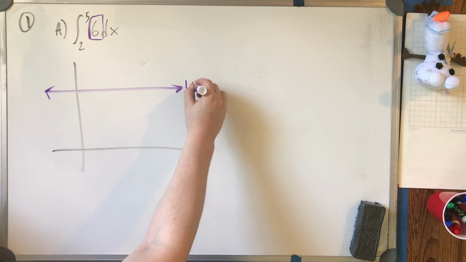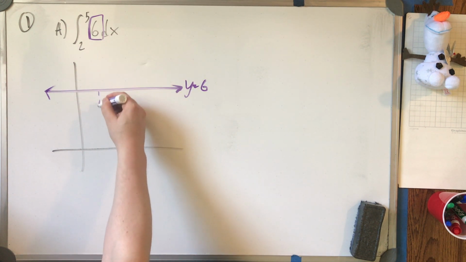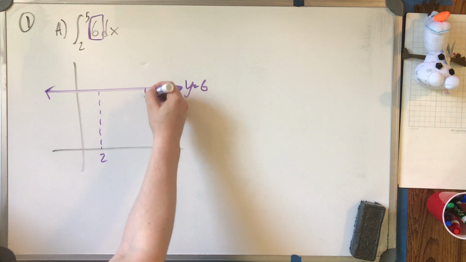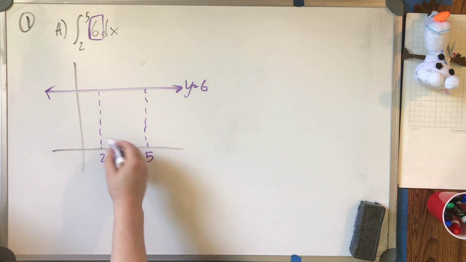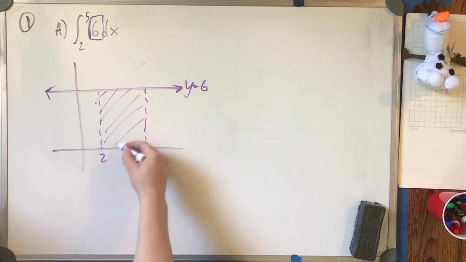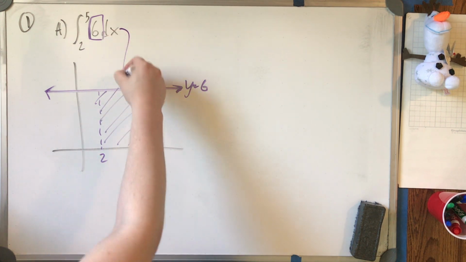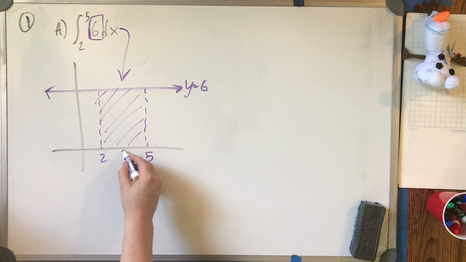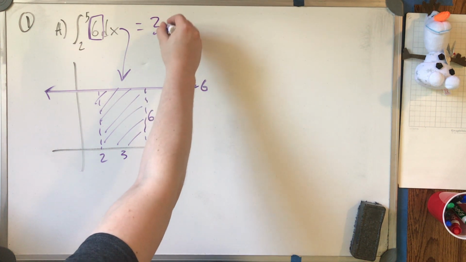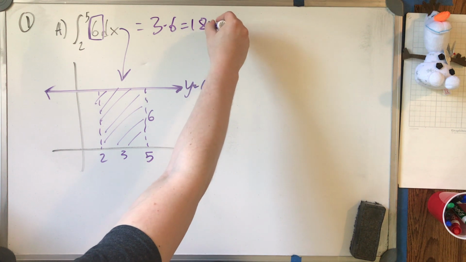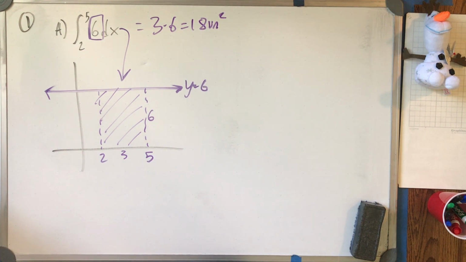And then we're looking at this from an x value of 2 to an x value of 5. So this is the area that we're trying to find. That's what the integral is really asking us for. And this is 3, that is 6. So this is going to equal 3 times 6, so 18 units squared.